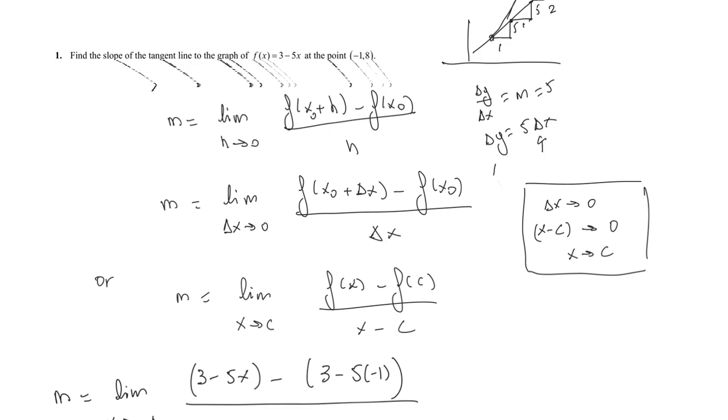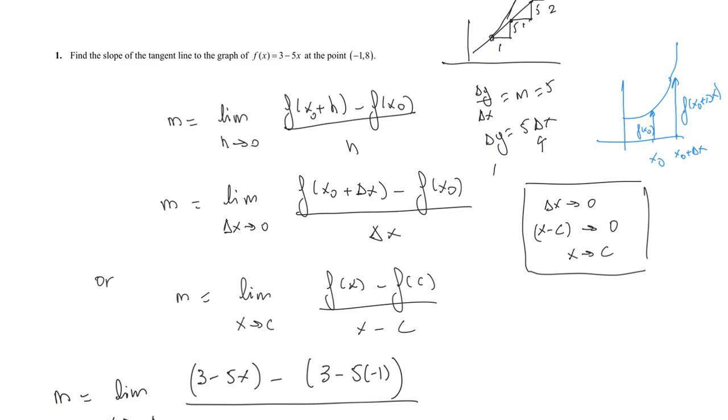A drawing of this: this is the function, this is the point x0, this is the value at the point, f of x0. You take a point that is x0 plus delta x, and you see the value of the function, f of x0 plus delta x.